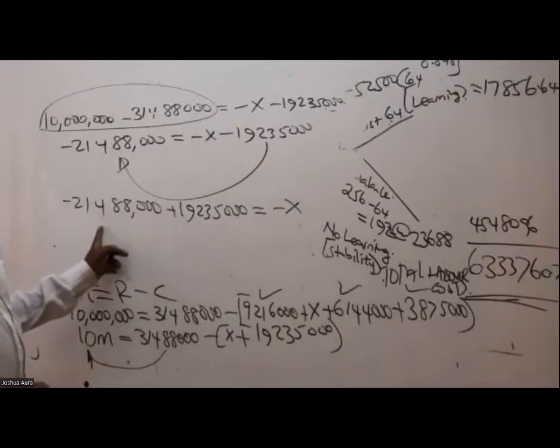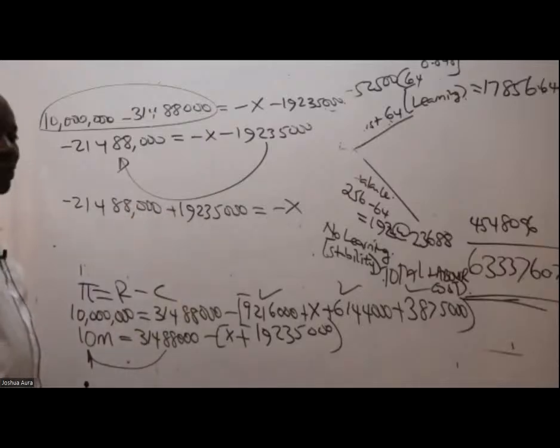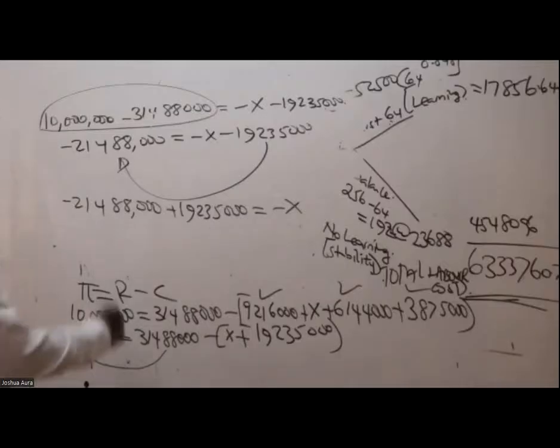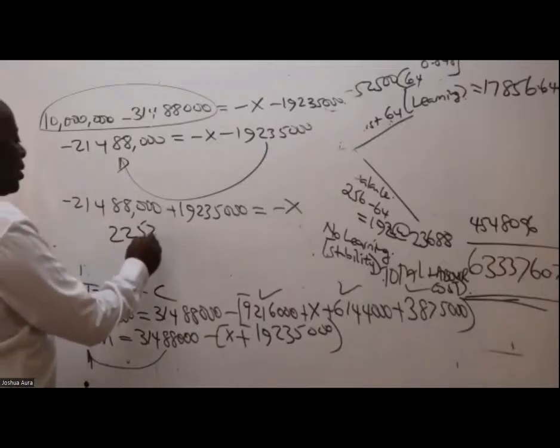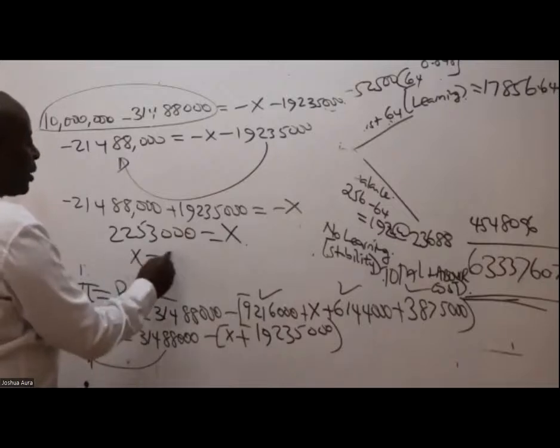Please give me the net figure. 22,53,000 equals X.